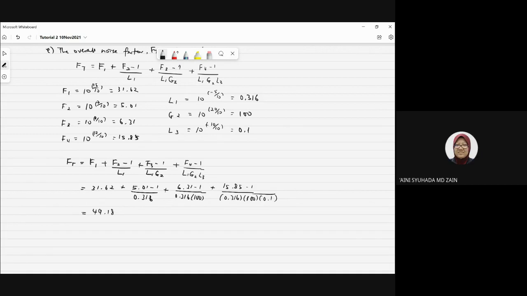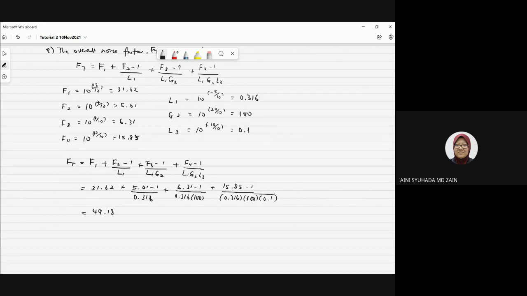Okay, so this kind of question basically you need to be careful, because it is a dependence question. From part A, B, C, D, E is really related to each other.